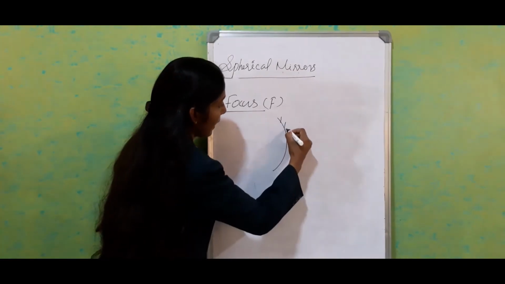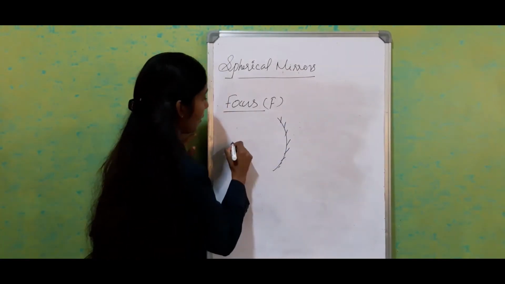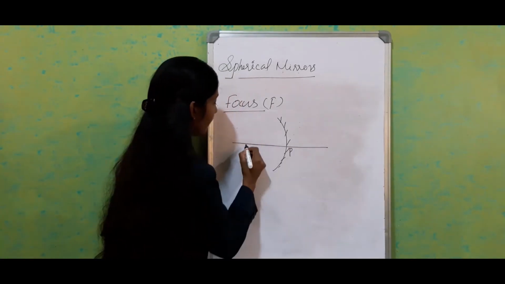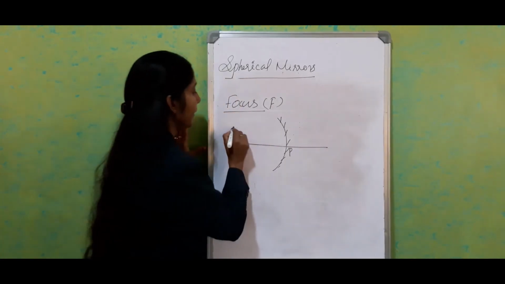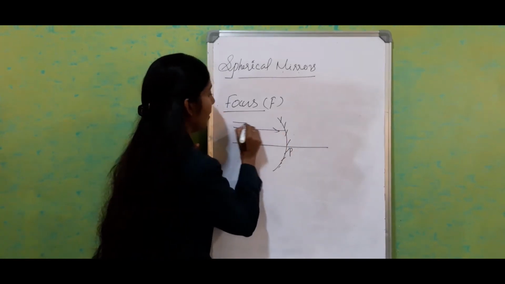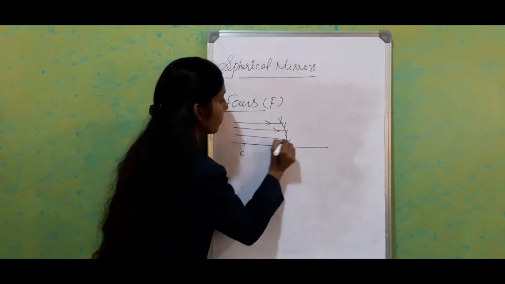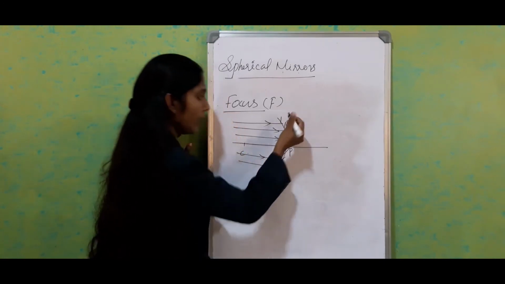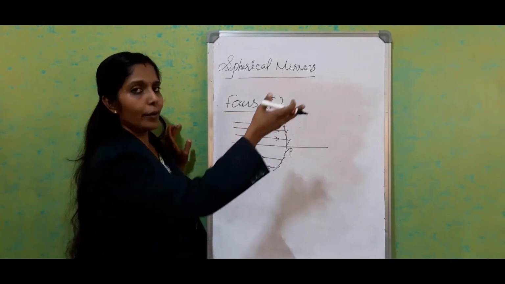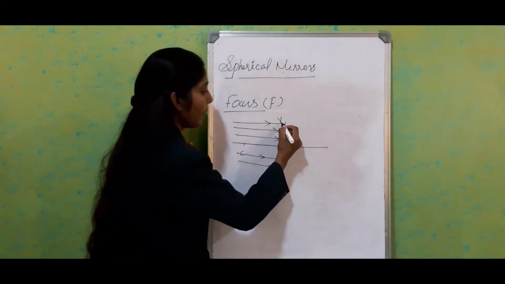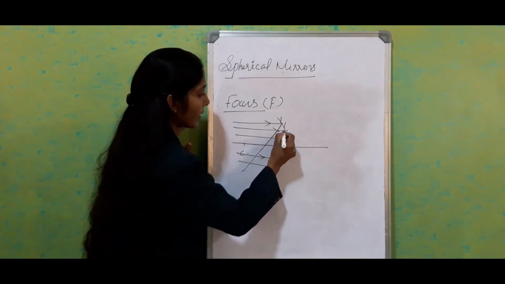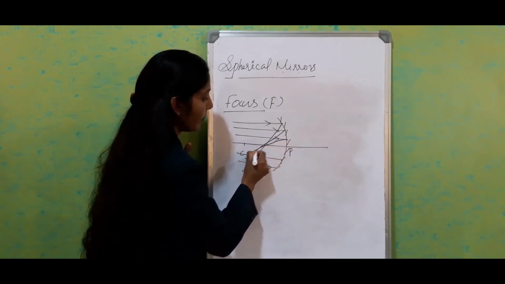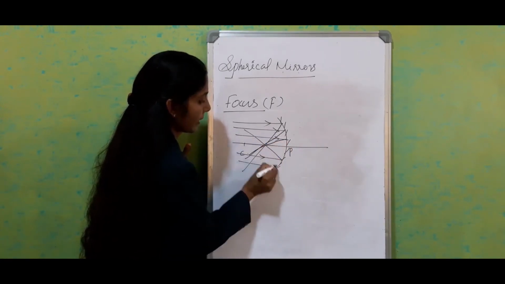Consider this as a concave mirror with pole and center of curvature. Just consider a few rays falling parallel to the principal axis, and they follow the laws of reflection. I am not drawing the normal and all. After the reflection, all these rays will come and meet at a particular point on the principal axis.